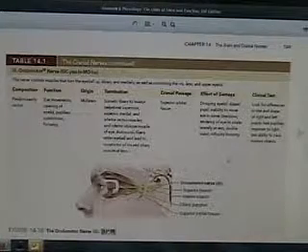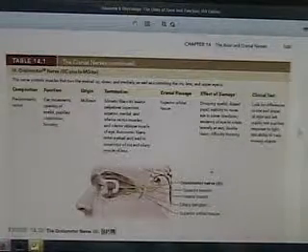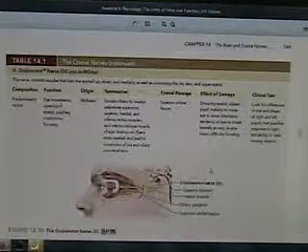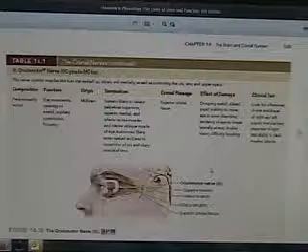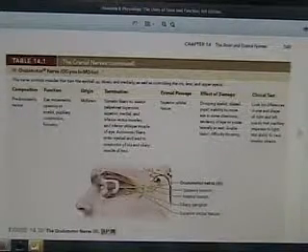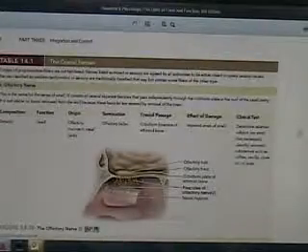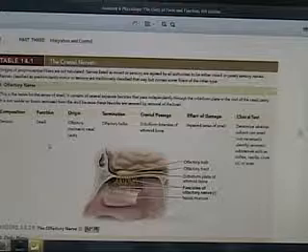So let's look at one example, and then the rest of them we can review in class as a quick review. But after you do one or two, you'll get the point.